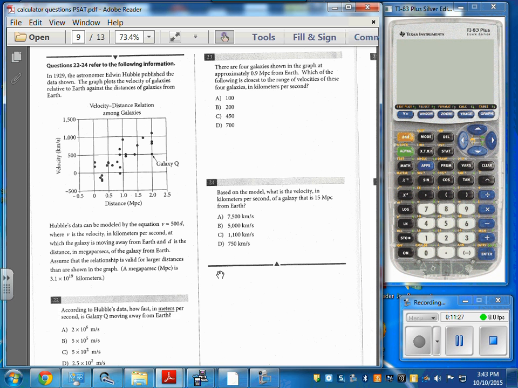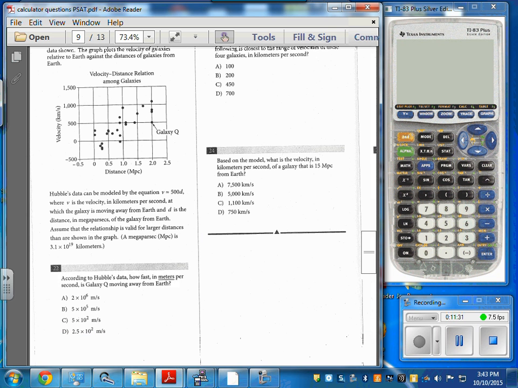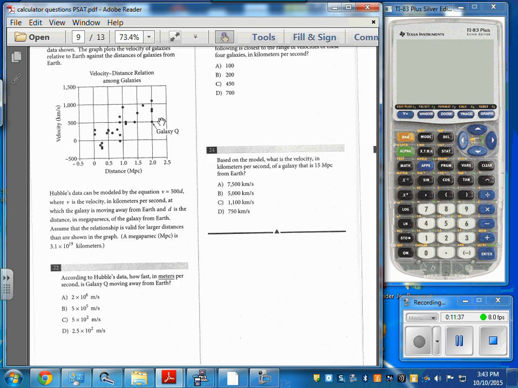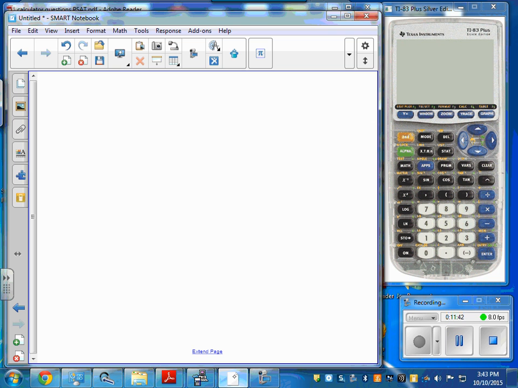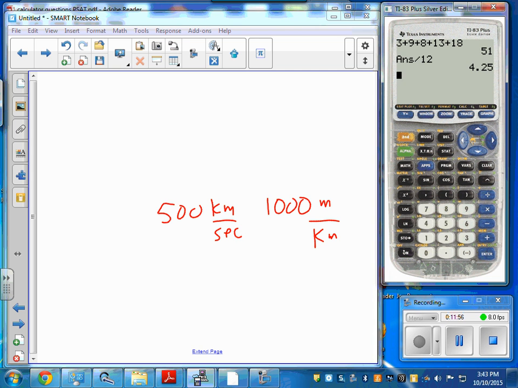According to Hubble's data, how fast in meters per second is galaxy Q moving away from Earth? So you find galaxy Q, okay, right here, and here's the velocity over here, 500 kilometers per second. Well, if it's 500 kilometers per second, and you should know that there's 1,000 meters per kilometer, so you're just going to multiply these together, and sure enough, you're going to get 500 times 1,000, and that's the answer.